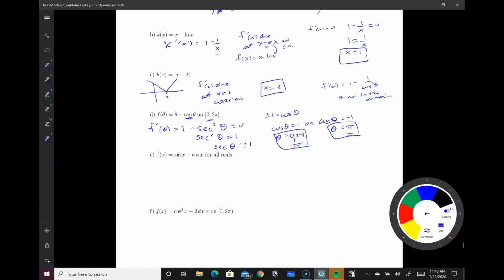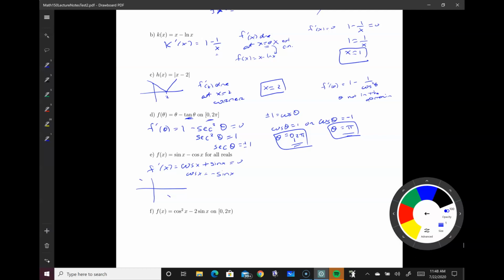All right, just a couple more here. So take the derivative, cosine of x, and then this turns into plus sine of x. Set it equal to 0, so cosine of x is negative sine of x. So when does that happen on our unit circle? When are cosine and sine the same number except differing by a negative?